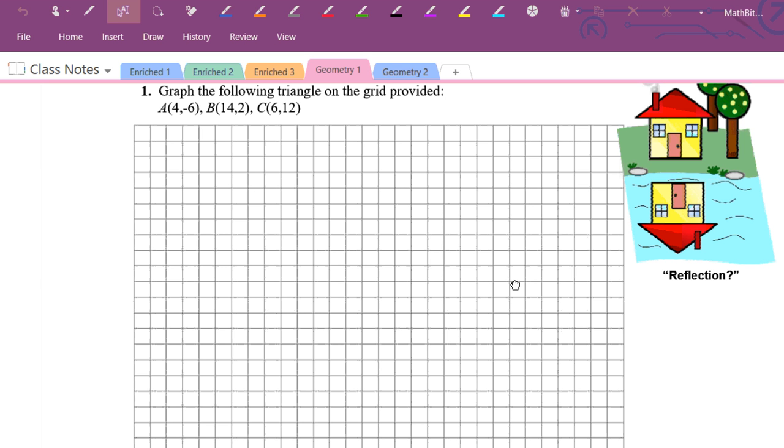You might need to use a scale of 2 to fit the point. I'm not 100% sure where these points would plot. Looks like 4, negative 6 would be in quad 4. 14, 2 would be in quad 1, and so it's 6, 12. I don't know if you have enough squares. My guess is you might. If not, you can count by scale factor 2. You can go through that there.